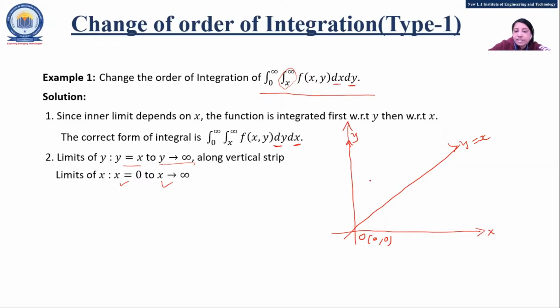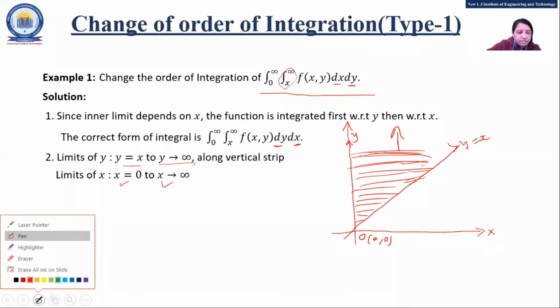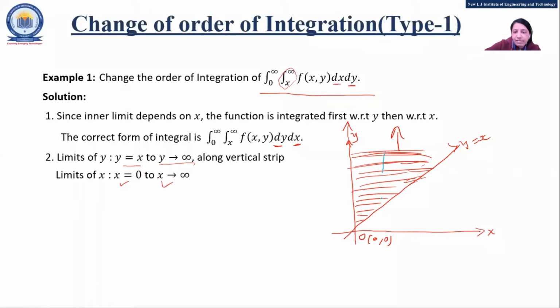So our region is supposed to be this, and that goes up to infinity, because y equal to infinity. For example, this is our region, up to infinity. The vertical strip will start from y equal to x and go up to y equal to infinity.